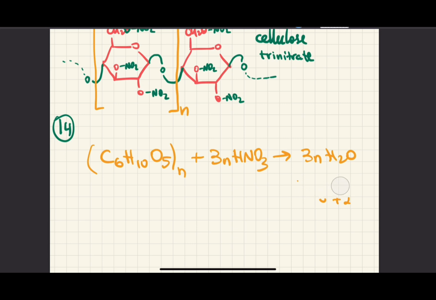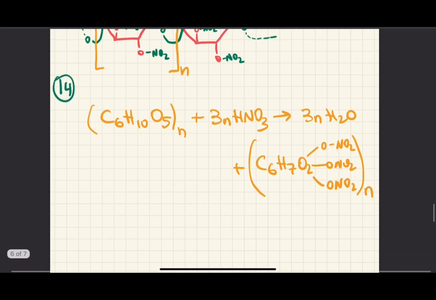So I'm gonna draw exactly the one from your PPT. So C6H7O2 with ONO2, ONO2, ONO2 here, and this is N times.